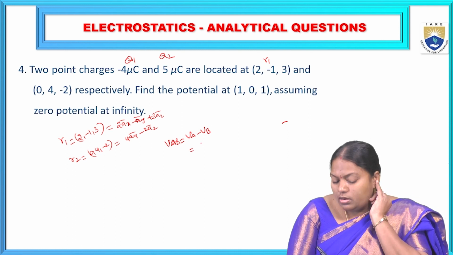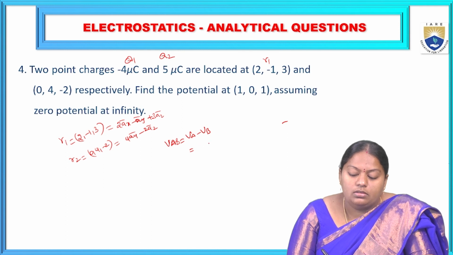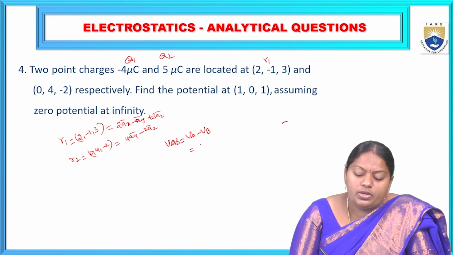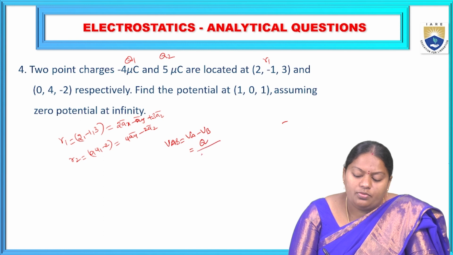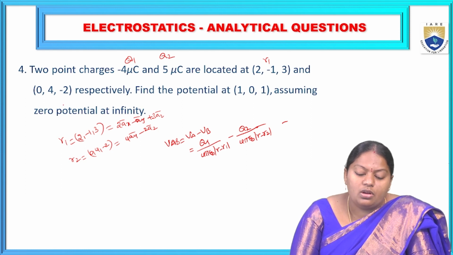The potential is Q1 by 4 pi epsilon naught into the magnitude of R minus R1, plus Q2 by 4 pi epsilon naught into the magnitude of R minus R2, where Q1 and Q2 are given, R is (1, 0, 1), R1 is (2, minus 1, 3), and R2 is (0, 4, minus 2).